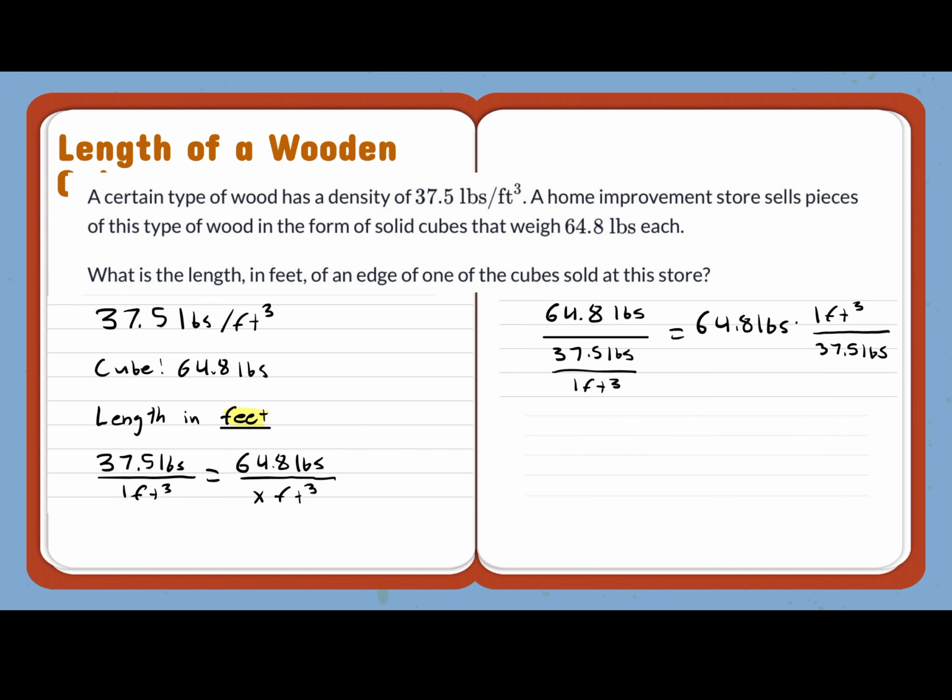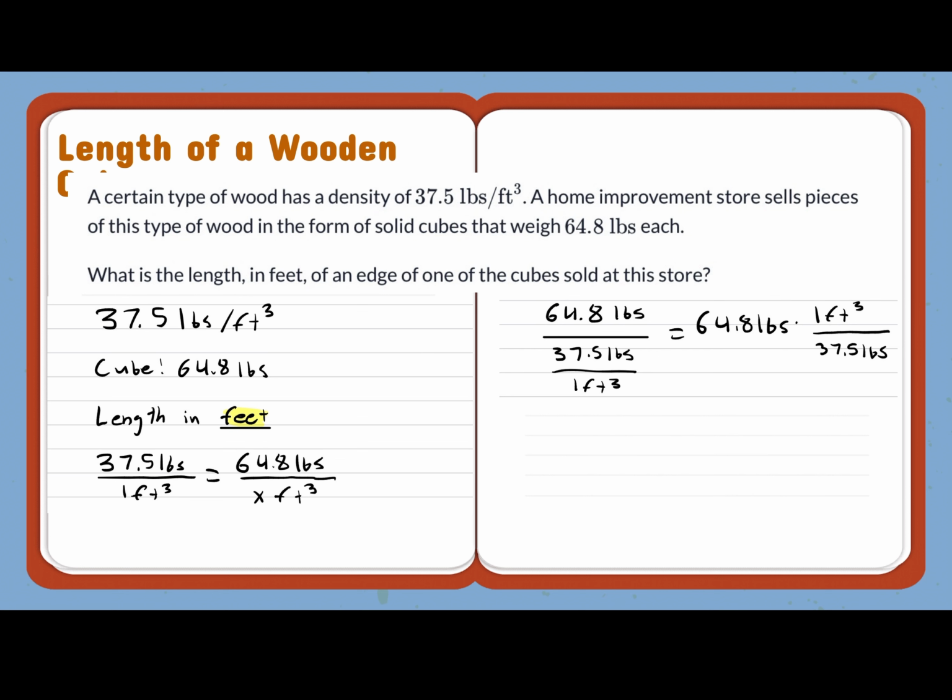So to find this out, you can either cross multiply, but I think this way is a lot better to visualize the units. So when you multiply 64.8 pounds by 37.5 pounds over 1 foot cubed, which is the density, you will end up having to multiply the reciprocal of that fraction, which is why you have feet cubed on top.